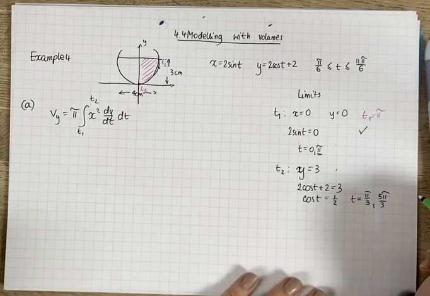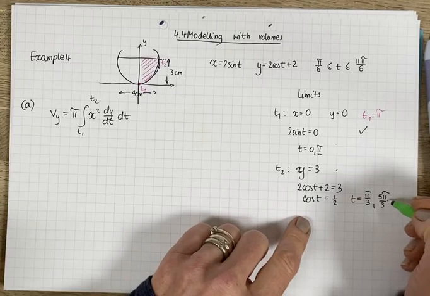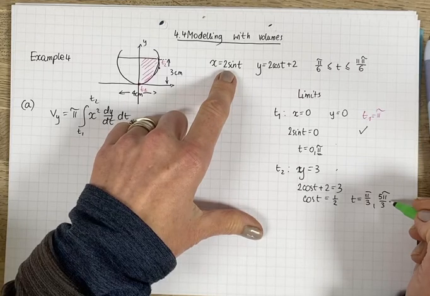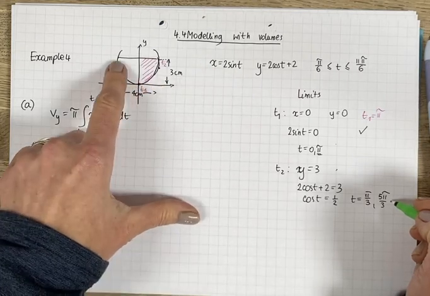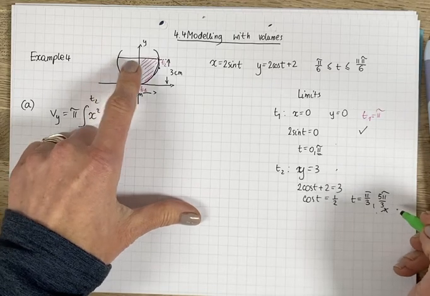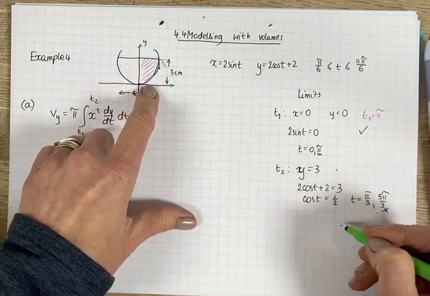Let's just double check. If I put 5 pi over 3 into the x value, that would give me the negative value. Okay, so since I've highlighted my t2 over here, let's just check.